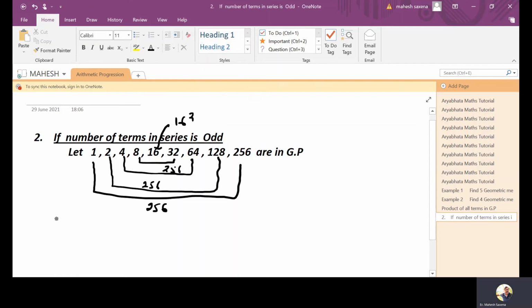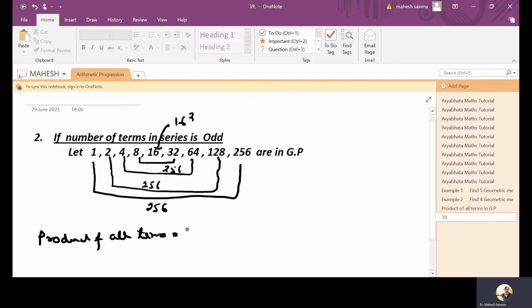Therefore, in this case, the product of all terms is equal to first term into last term, whole to the power 4 since there are 4 groups, into the middle term.